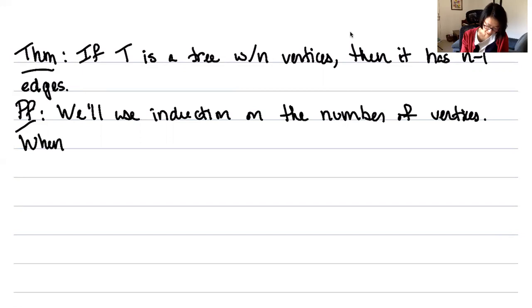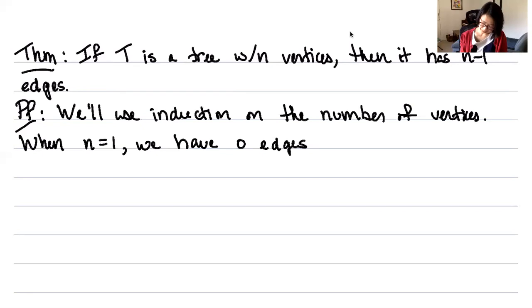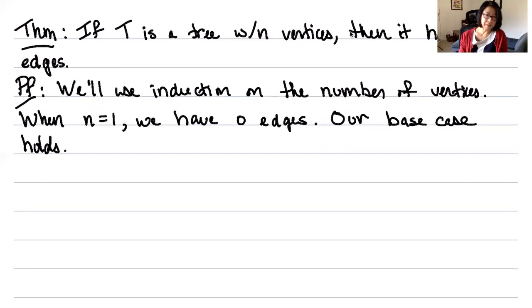So when n equals 1, we have 0 edges, and our base case holds because 0 is 1 less than 1. Okay, for the induction step, what do we need to show?